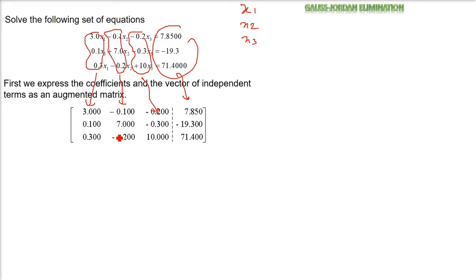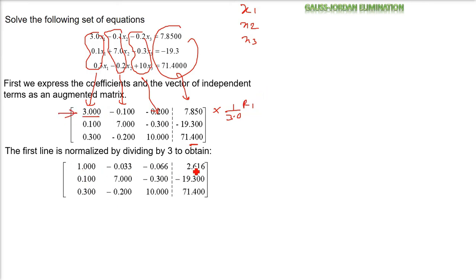So we have to make the identity matrix. If you are able to make the identity matrix, the right one will be the answer. So we have to normalize it because we need 1. So multiply the whole first row by 1 by 3. So the first row I'm multiplying by 1 by 3 just to make it 1. And now I'll use this one to make the other two values of the first column 0, because 1 we already got.